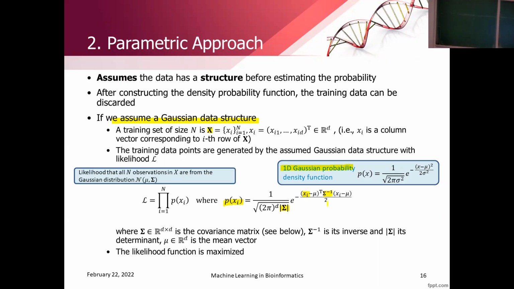Simple. So, mean. Next. In the one-dimensional case, we need just the standard deviation sigma. But in the multidimensional case, we need the covariance matrix. What is a covariance matrix?